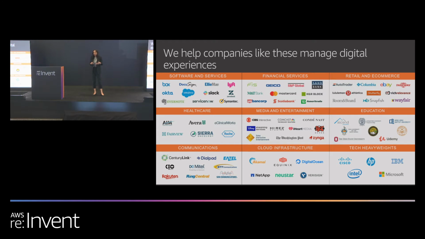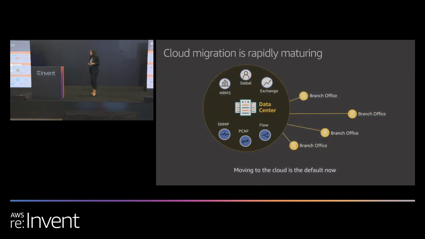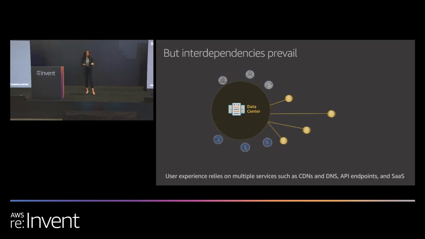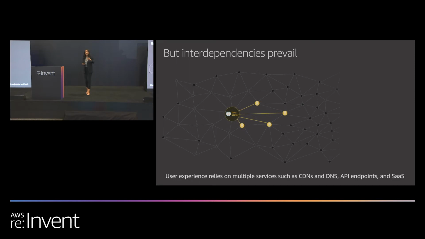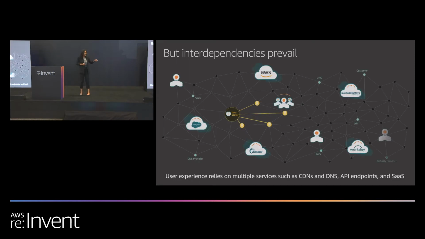Before we go into that, just a little bit of primer on why this is important today and what we mean by internet-based delivery. It's not a surprise that the cloud is your new data center and SaaS is the new application stack, which makes the internet your new network. As you're migrating your workloads to AWS, you're starting to rely on multiple different dependencies and services.